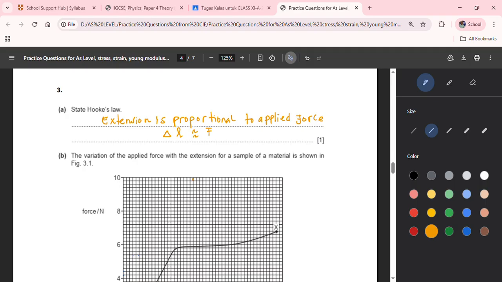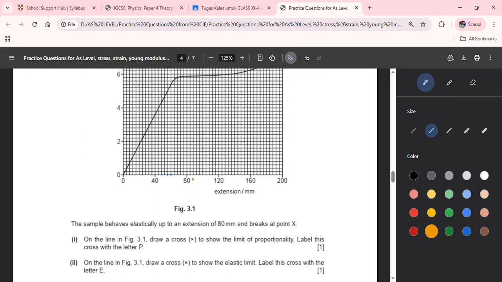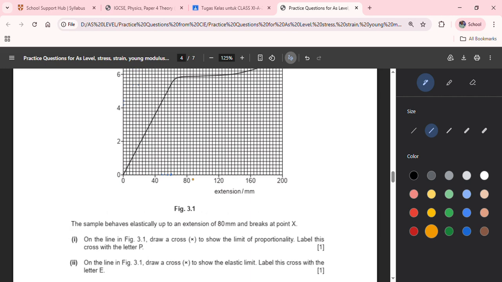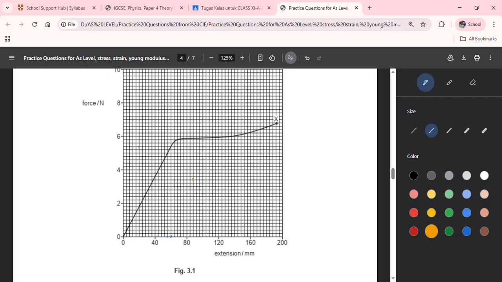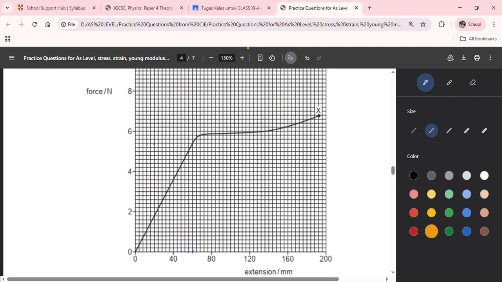Okay, for part B, the variation of the applied force with the extension for a sample of material is shown in figure 3.1. So this is the figure. The sample behaved elastically up to an extension of 80 millimeter. Until 80 millimeter it is proportional. Where is 80? Here. If we enlarge it, so 80.